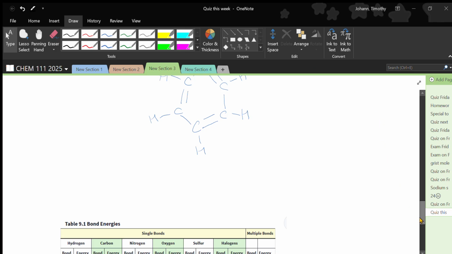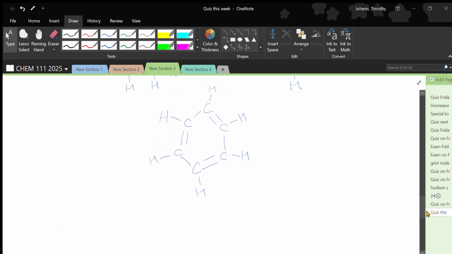Now, I'm going to introduce something that's in your book that you may see. If I was to draw benzene here in organic chemistry, which we're not in yet, I would use this thing called, I think your book calls it skeletal forms. I call it line angle, okay? If you go to Wikipedia and you look up benzene, you'll see that.